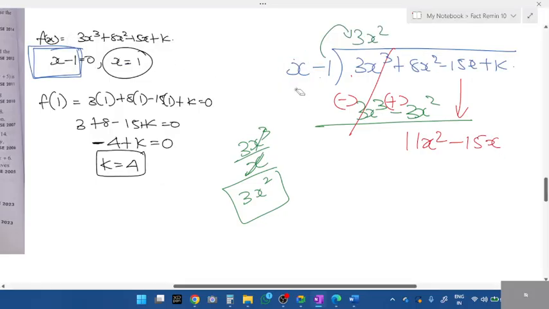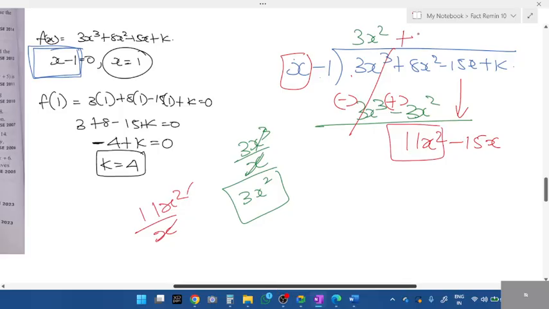It's a new question now. Start from x. How many times does x go in 11x square? 11x square divided by x. How many times? Plus 11x, right? x into 11x is 11x square. Is it clear till here? All of you understood? Adya, Lemula, Tanish. Okay, next. Take this 11x and x. When you multiply, what do you get?